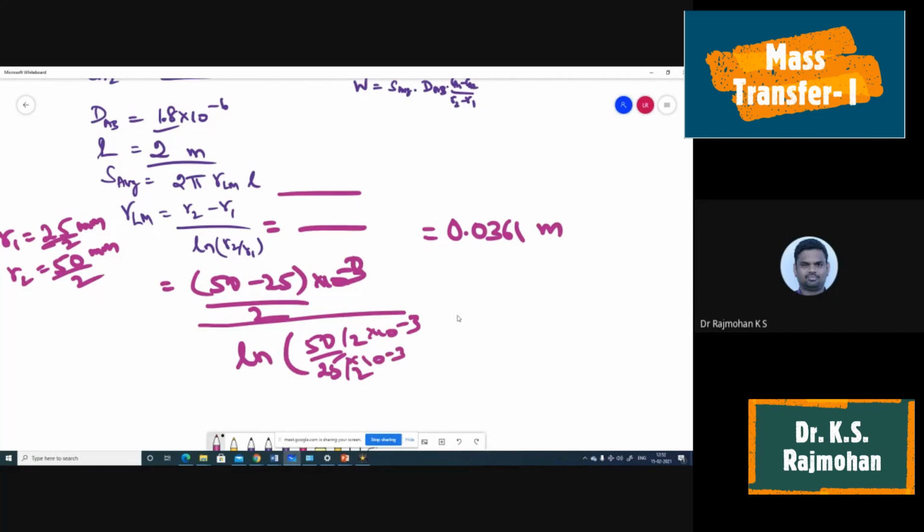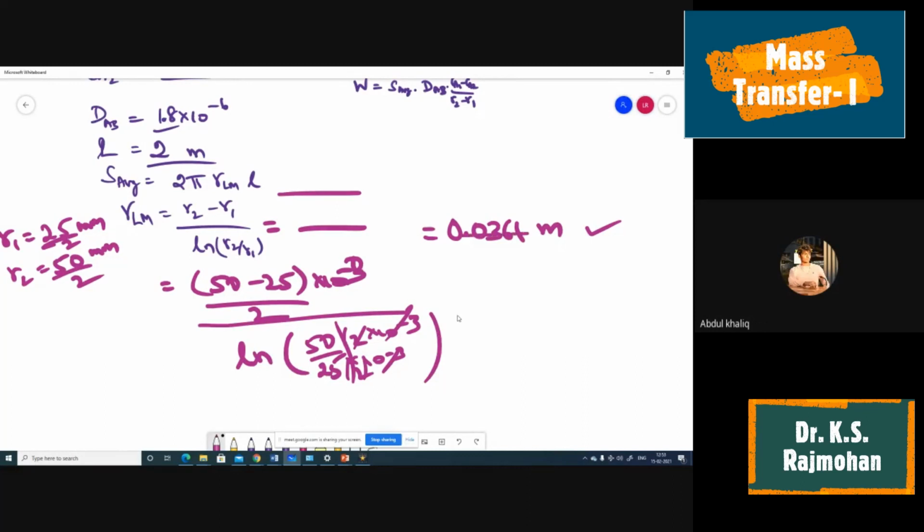So all these get cancelled, simply ln of this. Okay, so you are getting the logarithmic mean radius as 0.0361. Sir, even I got 0.018.